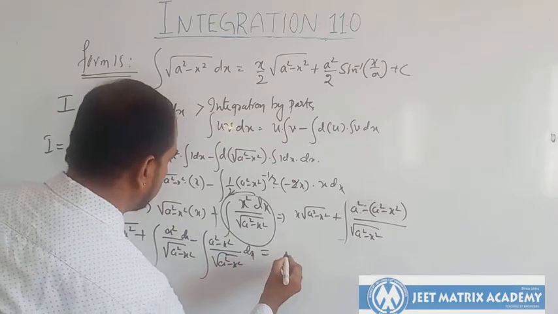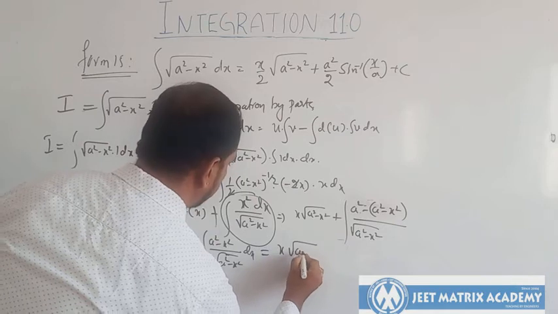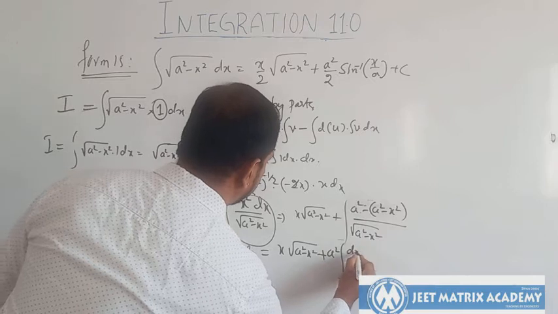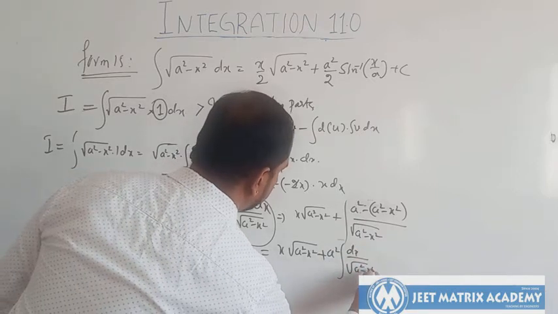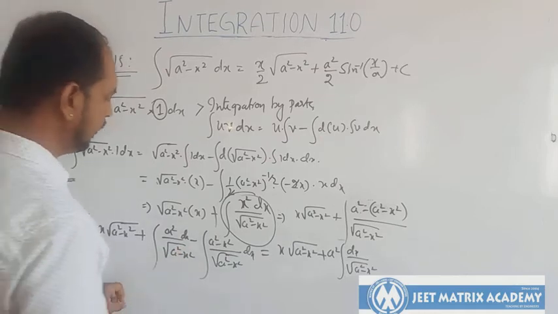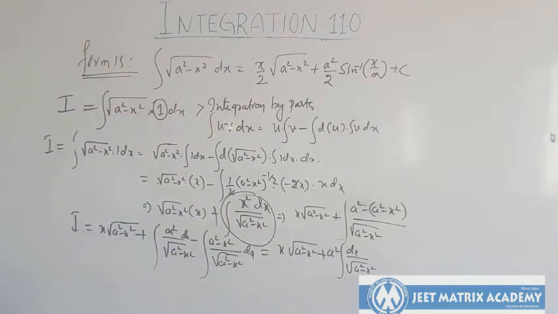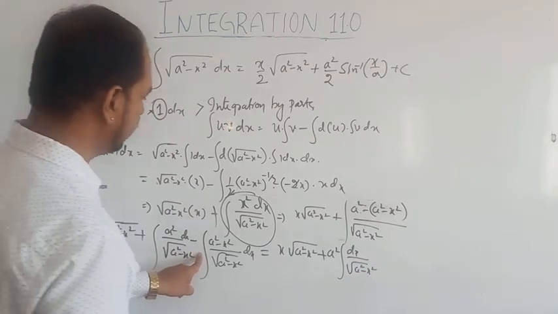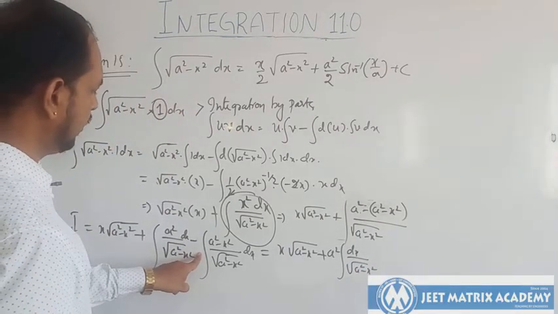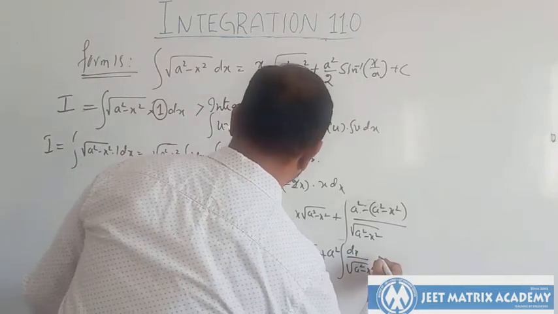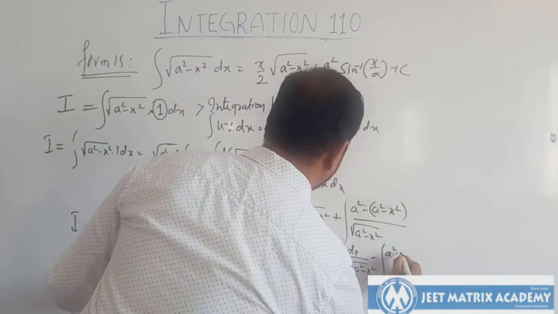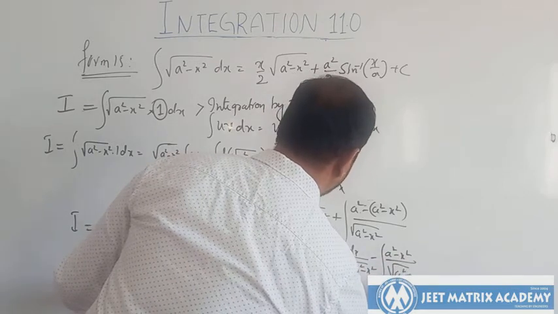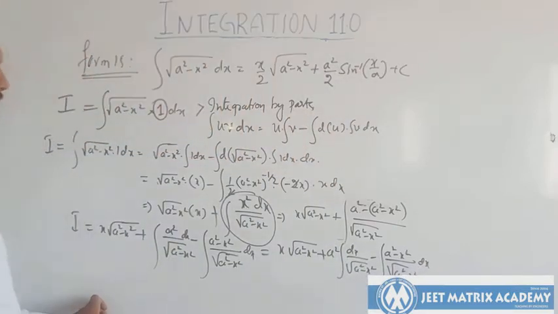So this is equal to x root of a square minus x square plus a square into differentiation of root of a square minus x square, here integration of a square minus x square divided by root of a square minus x square dx.